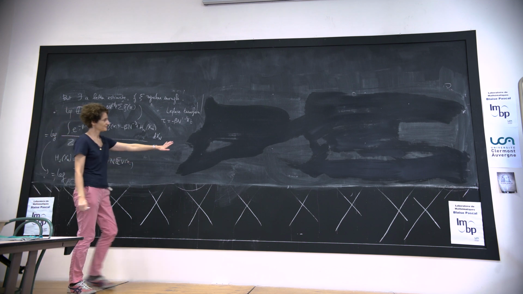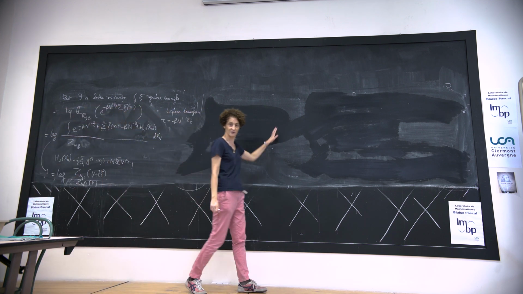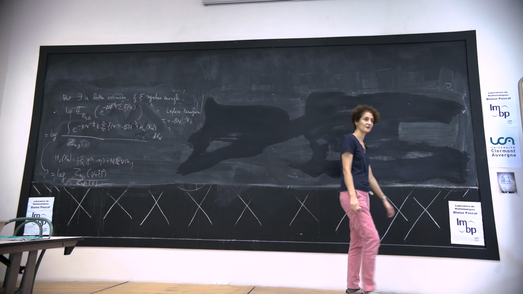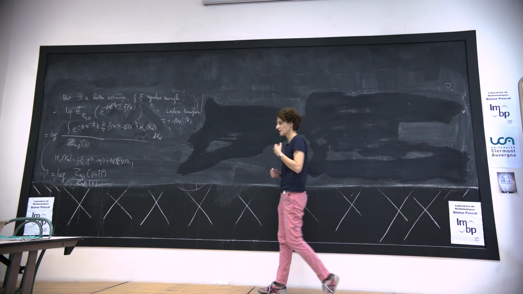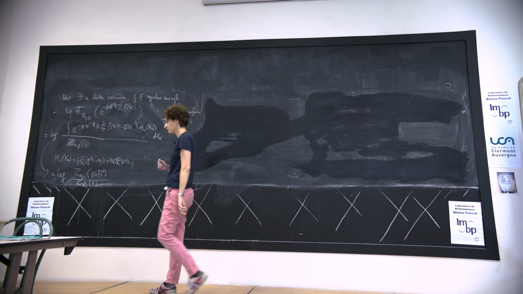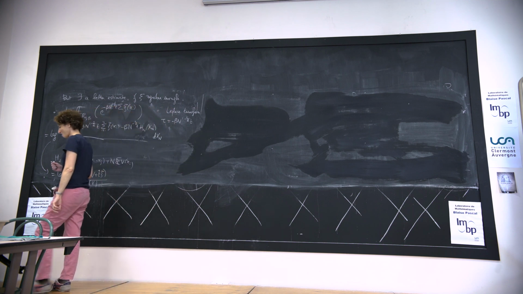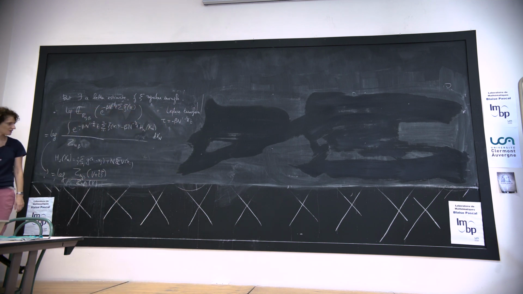Okay, but 15 minutes ago, I wrote on the board an expansion for log Z. Right? It had a dependence in mu. It has these unknown functions f of beta. So we could try to plug that in here and see what comes out.